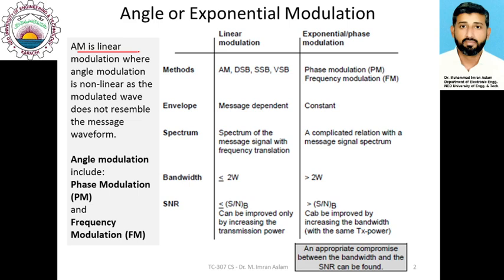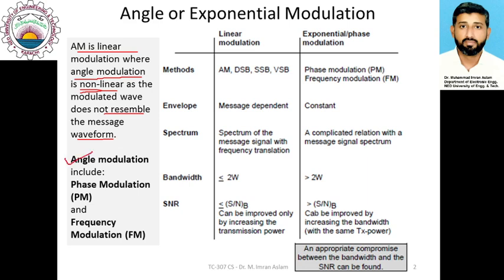So the modulated signal resembles the message signal. However, for angle modulation, the modulated wave does not resemble the message signal. Rather, the modulated waveform has a constant envelope. So in this sense, exponential modulation or angle modulation is generally represented as non-linear modulation.